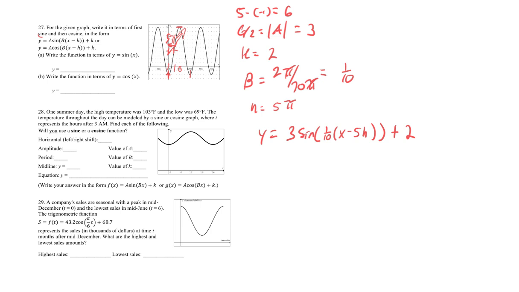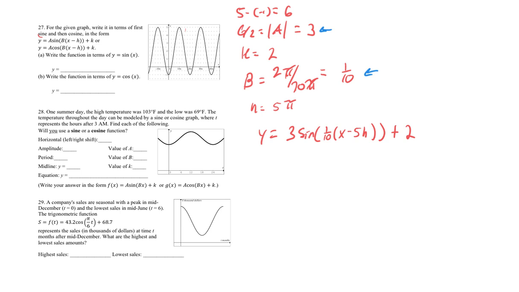So now we can look at what the cosine will be, and there are some values that we can keep. The magnitude of the amplitude we can keep. Our horizontal shift might change.